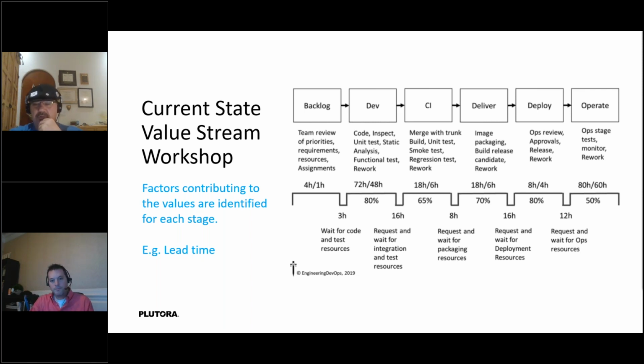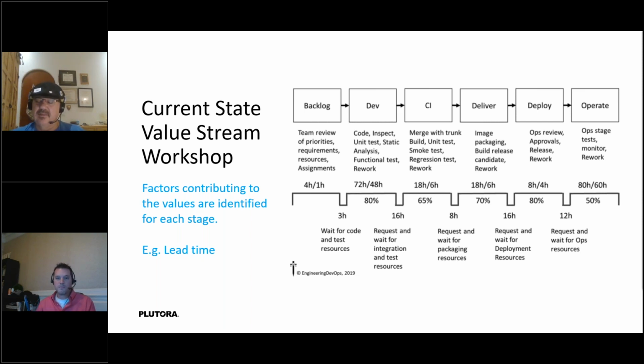And you can go through the rest of the stages and see the same thing. The dev stage looks very long, 72 hours to make a change, and 48 hours of that was actual process time. The rest of it was getting ready and getting your environment set up and things like that. The CI stage, 18 hours of lead time and 6 hours of process time.